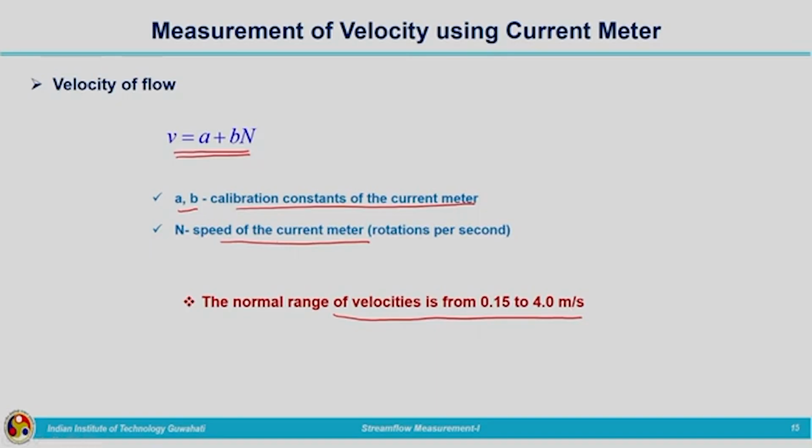Up to 4 meters per second we can make stream velocity measurement by using a current meter. Any of these vertical axis current meters or horizontal axis current meters, we can measure velocity within this range, 0.15 to 4 meters per second. The formula is also similar to this; calibration constants will be different for different current meters.